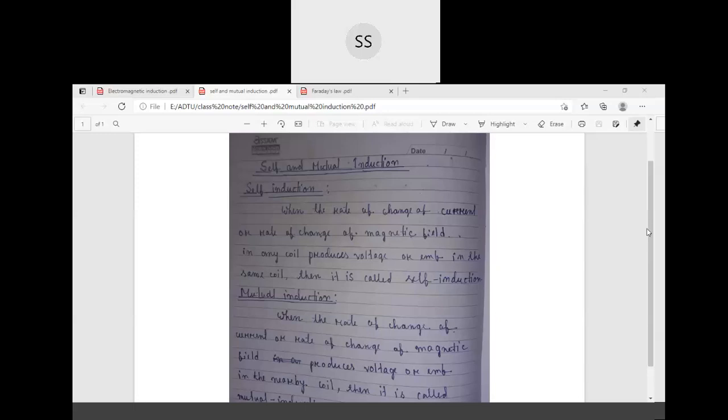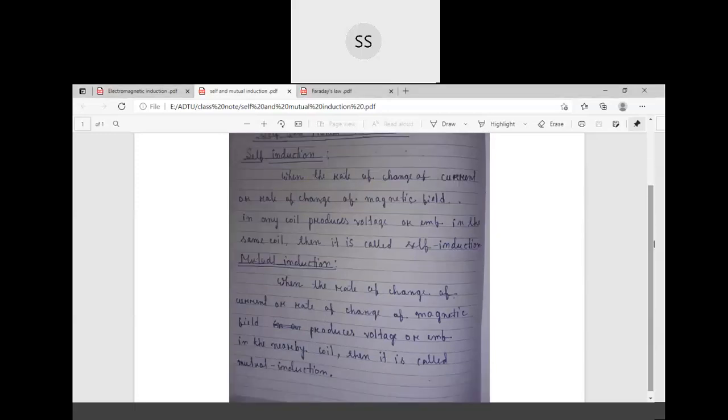Okay, in case of mutual induction, when the rate of change of current or rate of change of magnetic field produces voltage or EMF in the nearby coil, then it is called mutual induction.